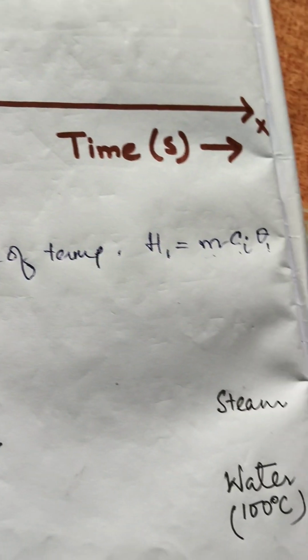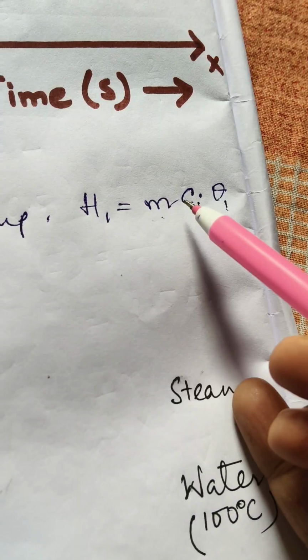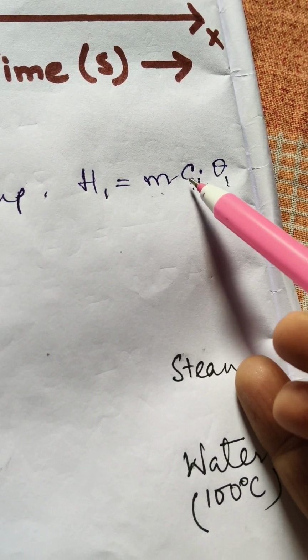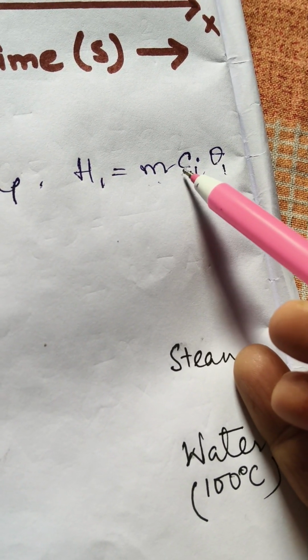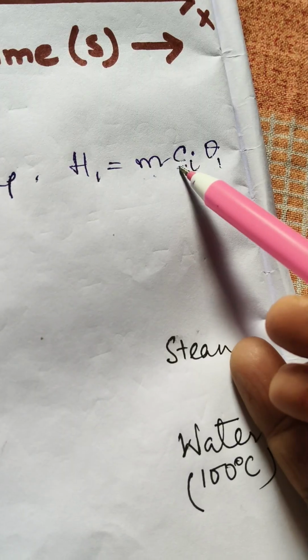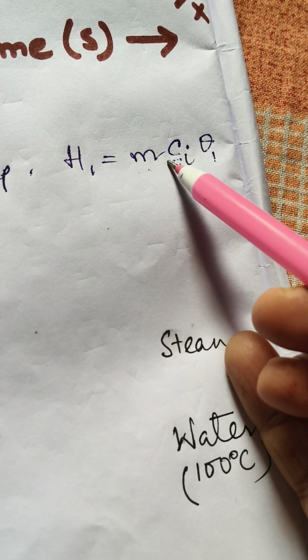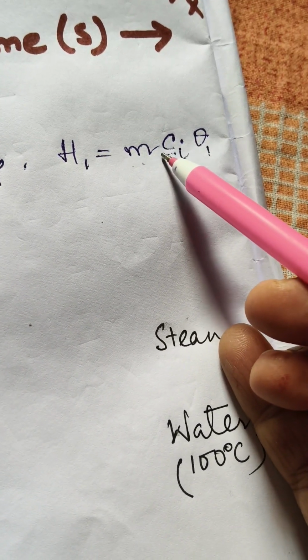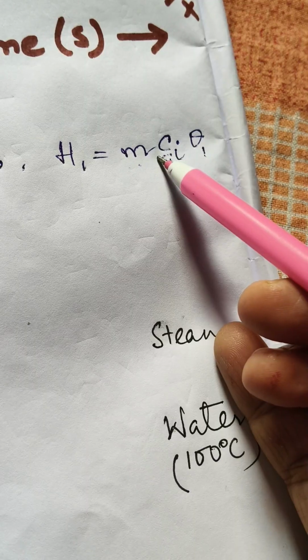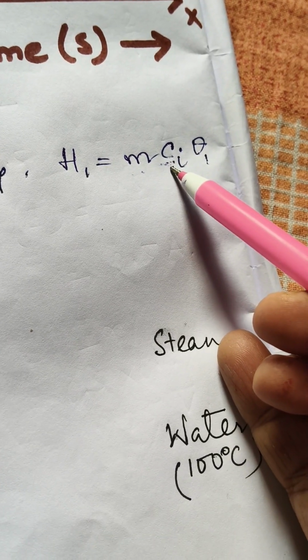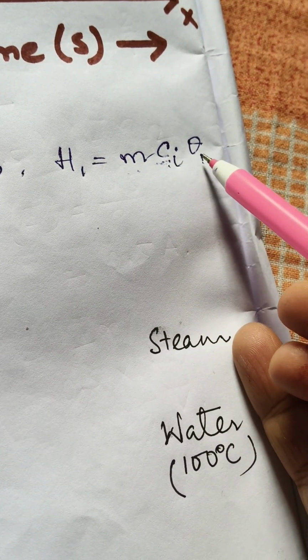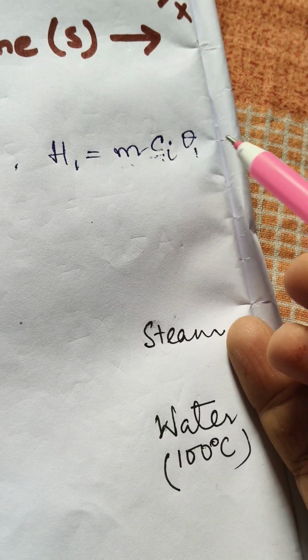And let me tell you, don't confuse yourself. This C is the specific heat capacity of ice and it has a different value. When there is a change of temperature for ice, you have to know the specific heat capacity of ice. Don't use water then. All right. So the change of temperature is 0 minus minus 10.